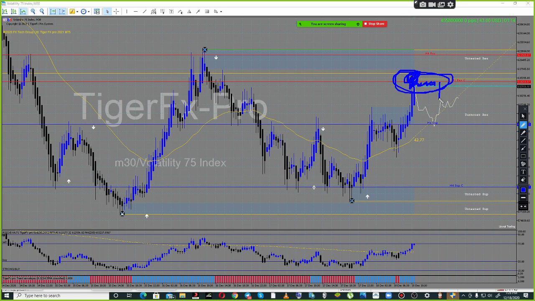If we have a signal for a sell, we wait for the price to break this current trend.